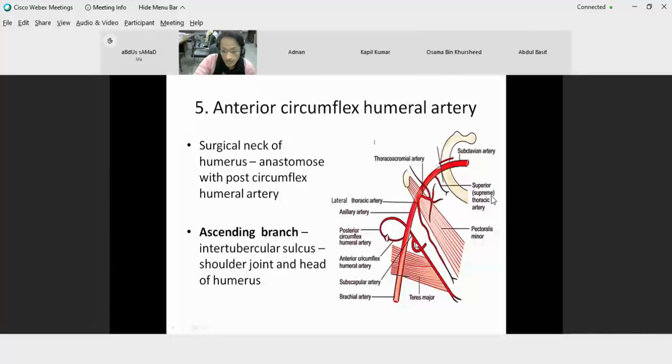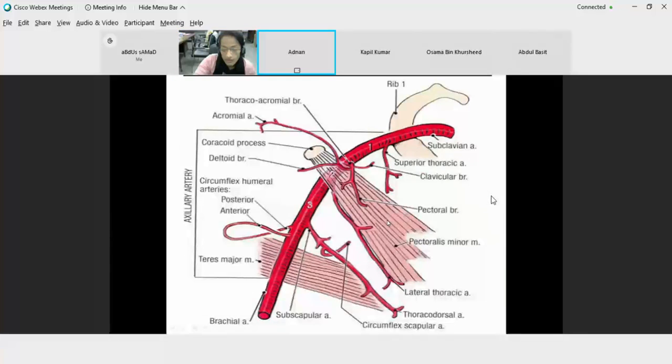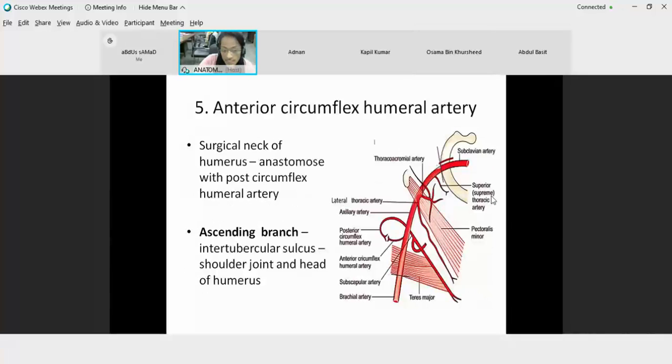Subscapular artery. In your slide it is written subscapularis, but in BDC it is written latissimus dorsi. It is subscapularis muscle. Subscapular artery is passing through the lower border of the subscapularis muscle.